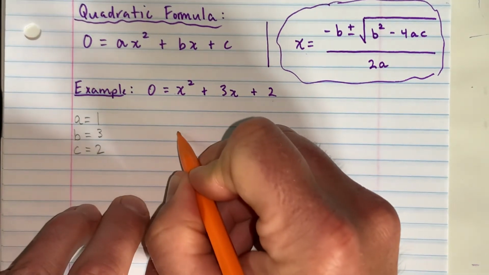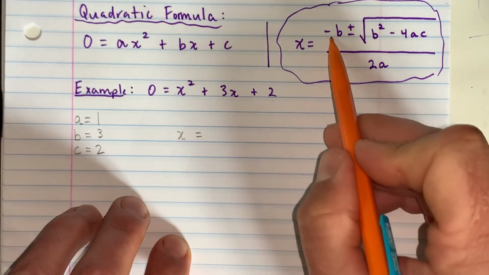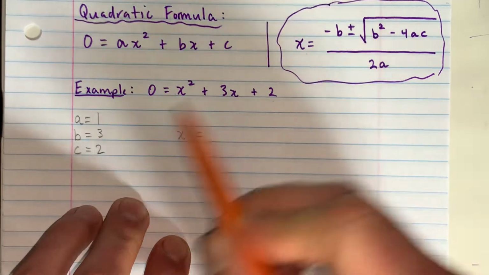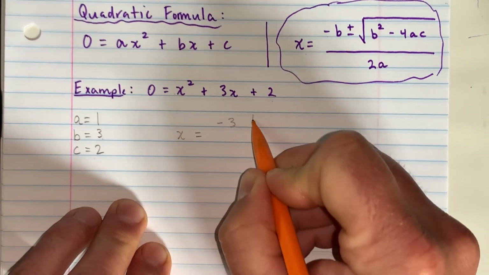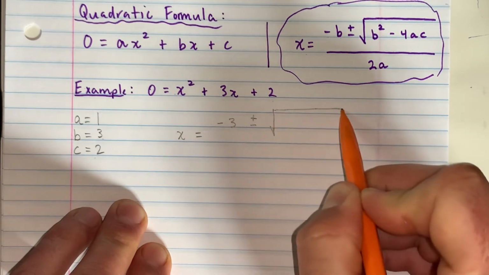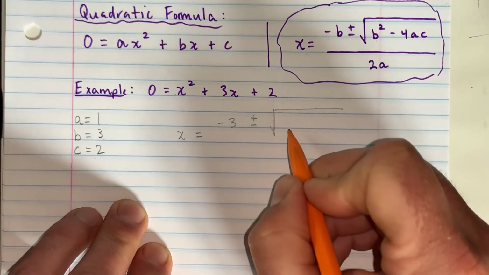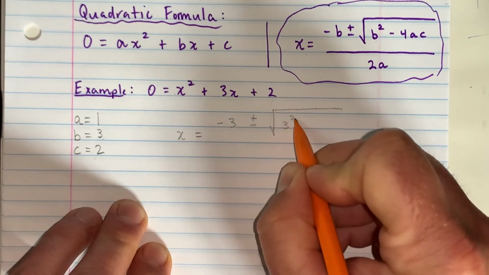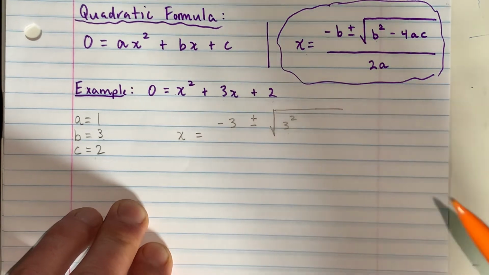So we know that our solutions will be the opposite of B. Just looking at that, the opposite of 3 would be negative 3, plus or minus the square root of B squared. And I'm going to write everything out, but going forward, you guys know 3 squared is just 9, so if you wanted to write a 9 there, that's fine.